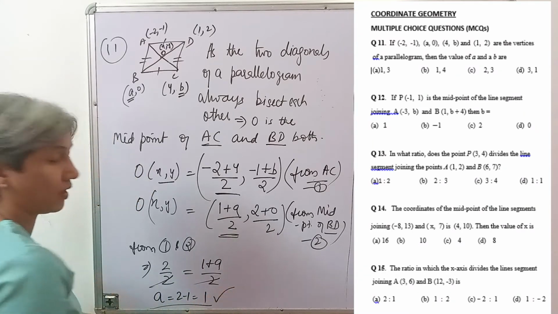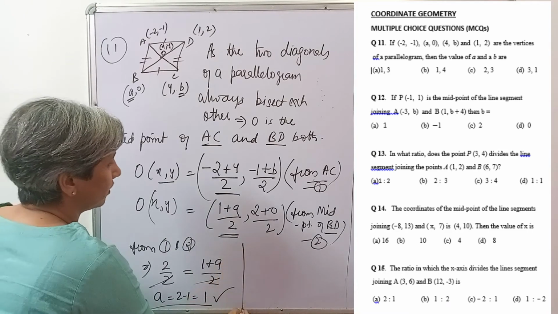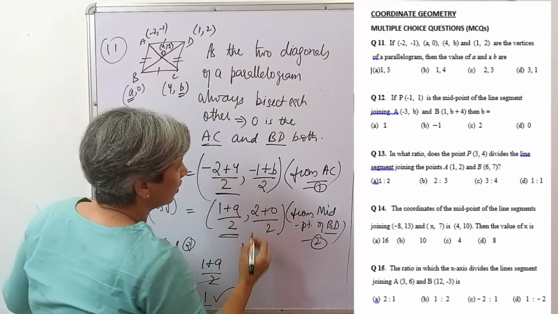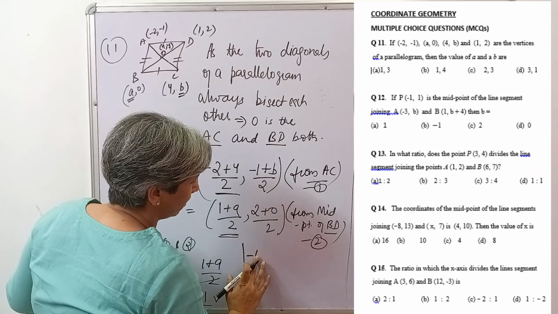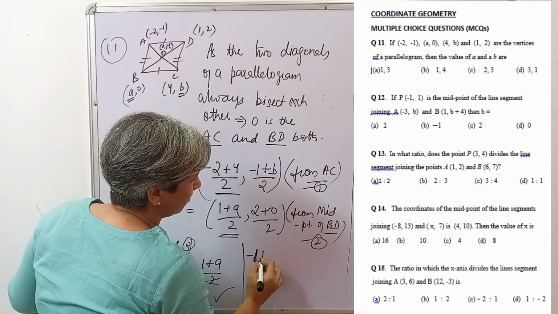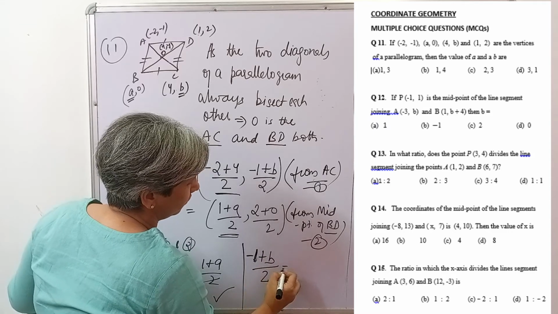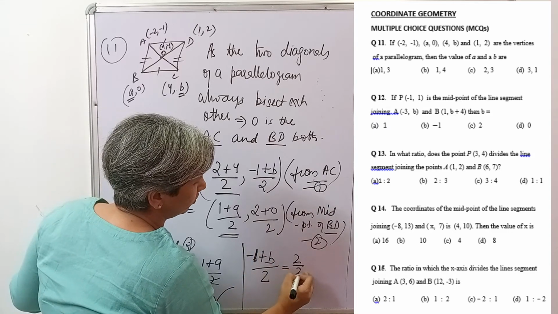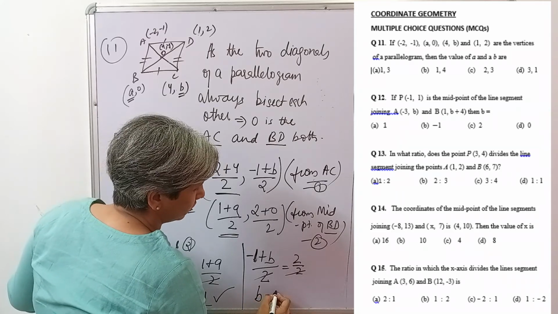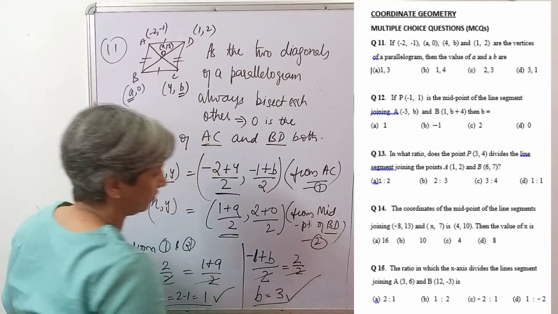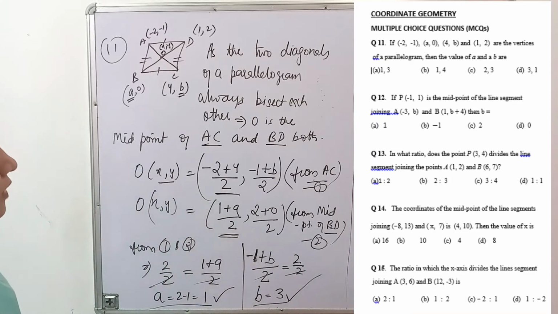So हमारा a आ गया है 1. इसी तरह y के coordinates भी same होंगे. We'll find out (minus 1 plus b) upon 2 is equal to 2 upon 2. So b will be equal to 2 plus 1, which is 3. Clear?